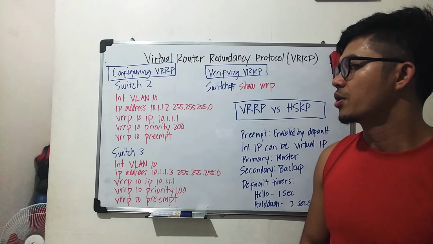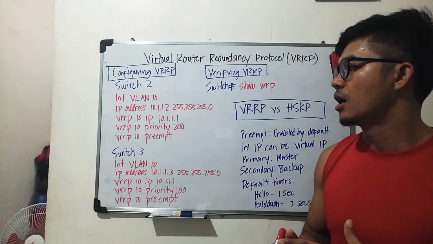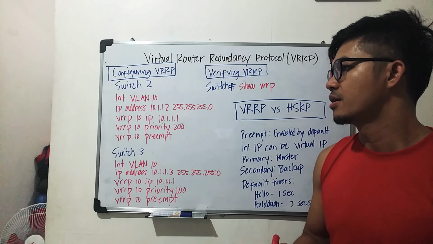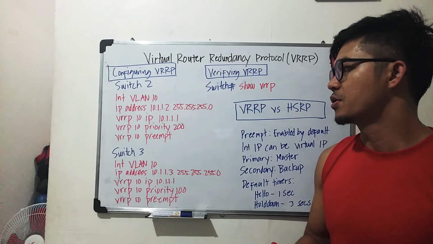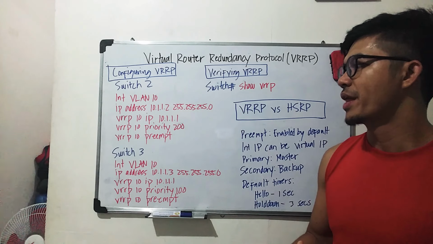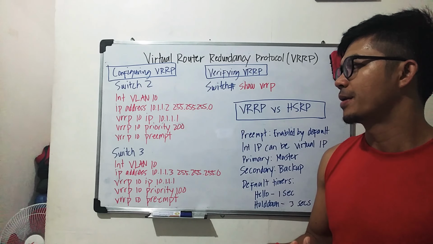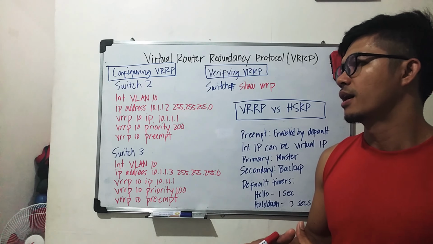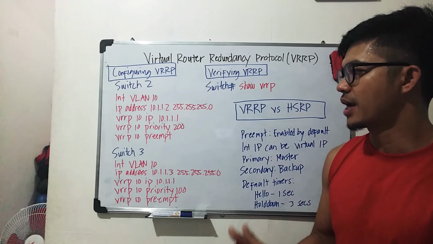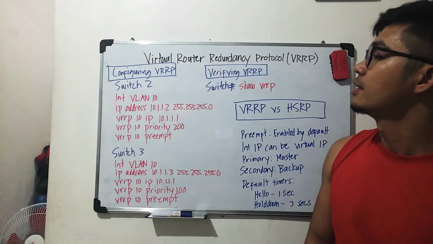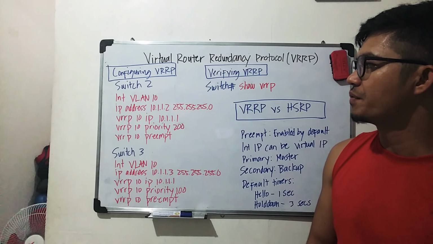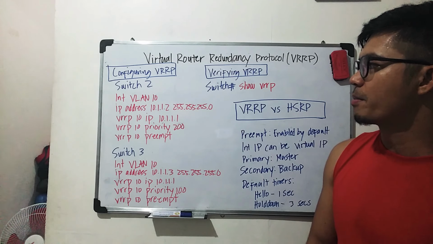But for easy visualization, I think it would be best if you type it so that you would easily know that it is enabled. Doesn't matter whether it is enabled by default or not. So that's how you would configure the master switch.